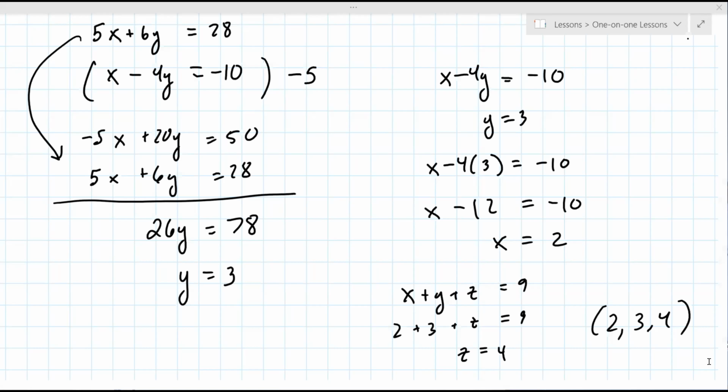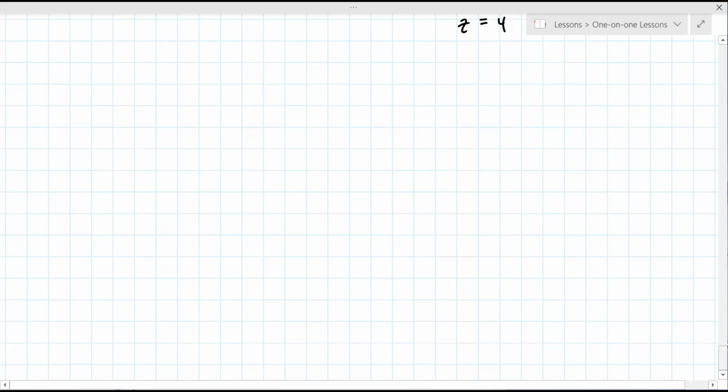Can we look at number 3? Yes. Parabola has a vertex.